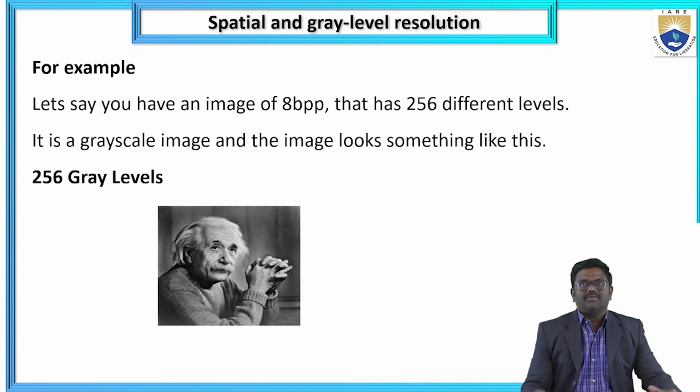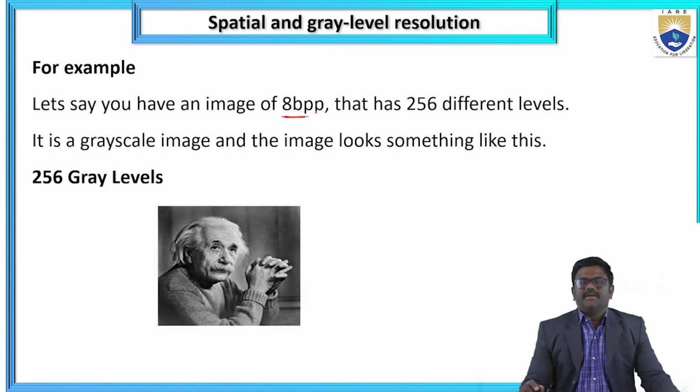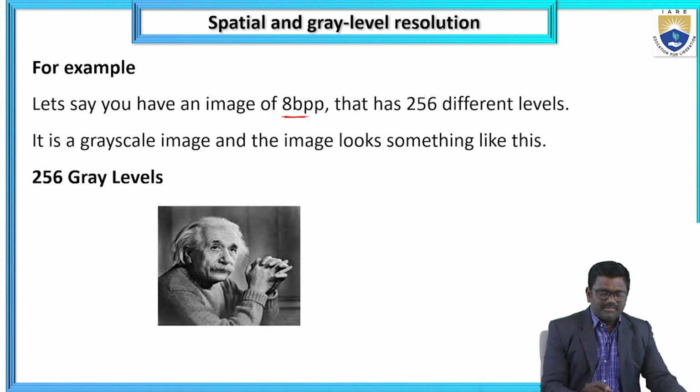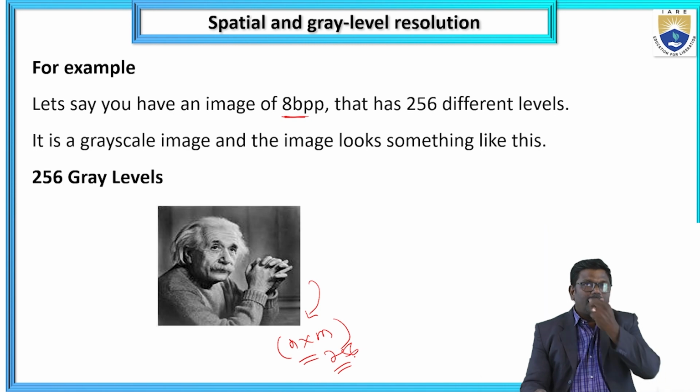Let's say you have an image which is 8 bits per pixel, that has 256 different levels. If you consider this image in terms of a matrix, that we call n by m, the total values we are representing are 256.